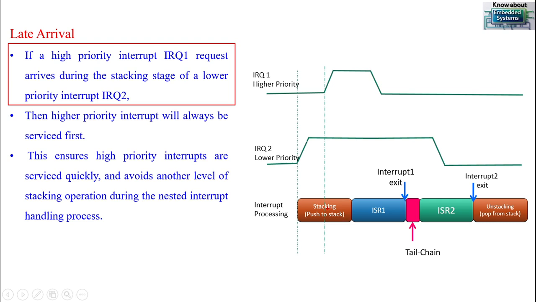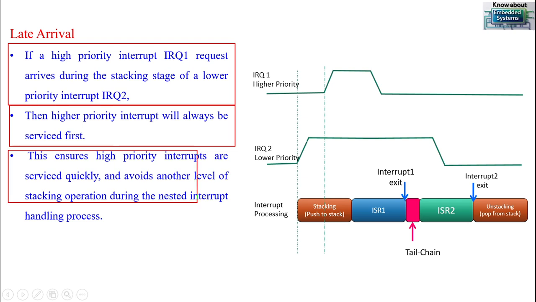Since IRQ1 is a higher priority, and IRQ2 is under stacking process, IRQ1 should be served first. This ensures the higher priority will be executed first, and after that there will be tail chain, then ISR2 execution, and then the unstacking process. So this is called tail chaining with a late arrival. This is also one important thing.